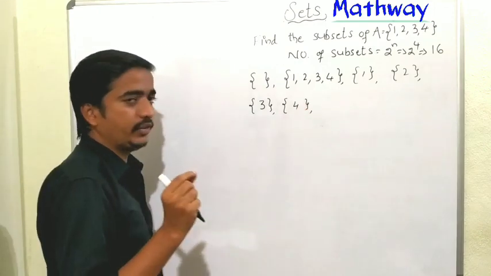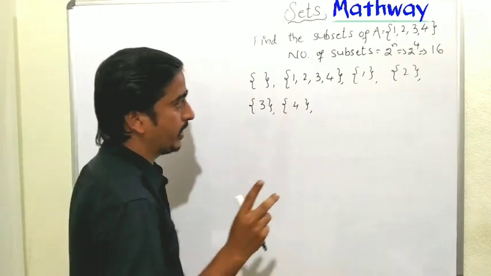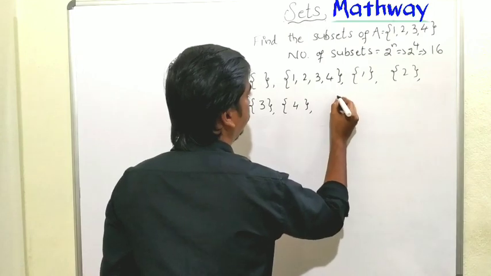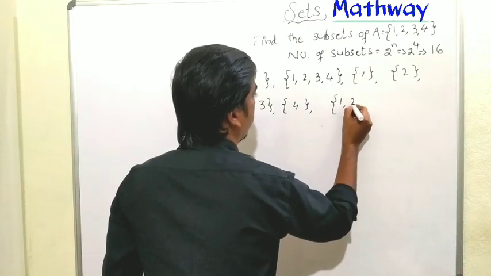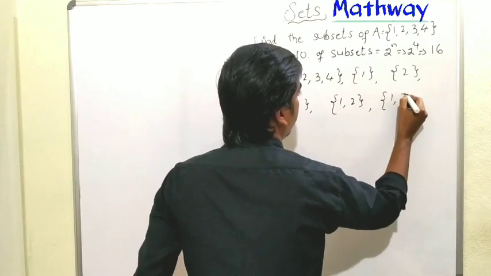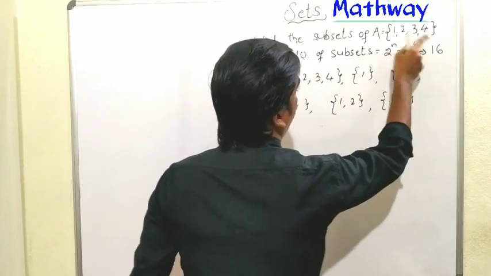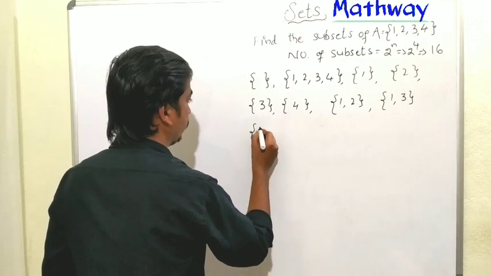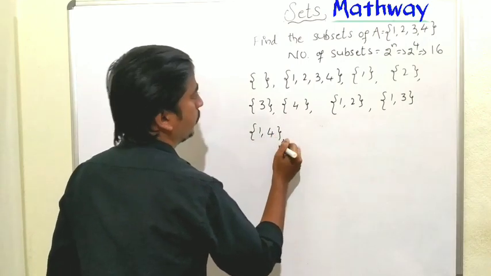So now individual elements are finished. Now take the combinations of two elements: 1, 2, and take 1, 3. Next 1, 4. So with 1, all finished.